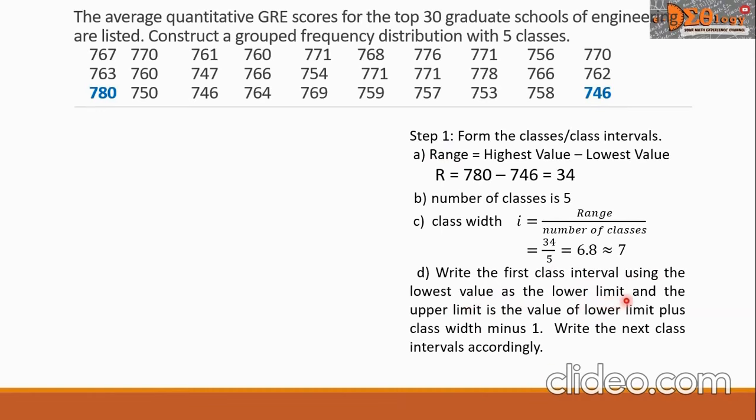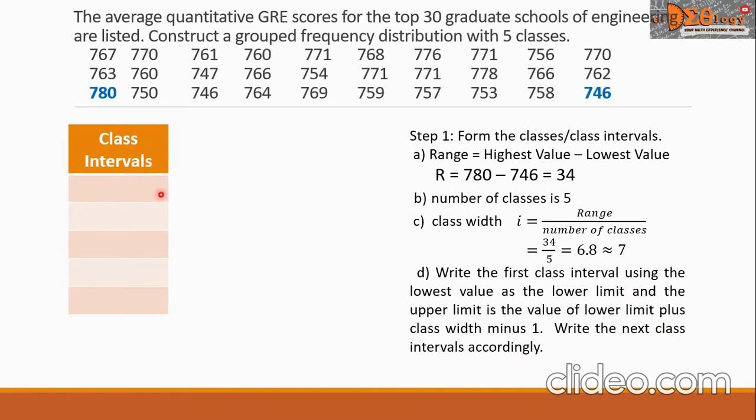And I will continue. And the upper limit is the value of lower limit plus class width minus 1. Write the next class intervals accordingly. At first, we need to show a column for class intervals.